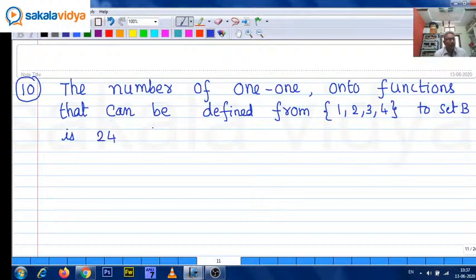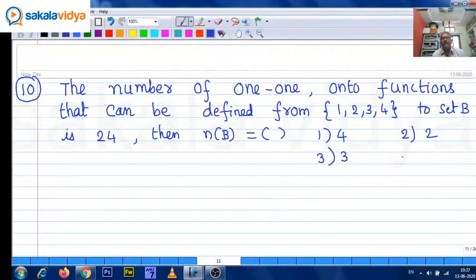Then n of B equals, first option 4, second option 2, third option 3, fourth option 6. The number of one-to-one onto functions that can be defined from A to B means here n of A equals n of B. So that we can find n of B here.